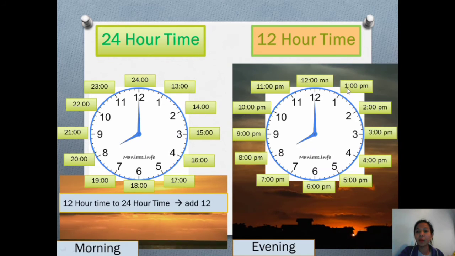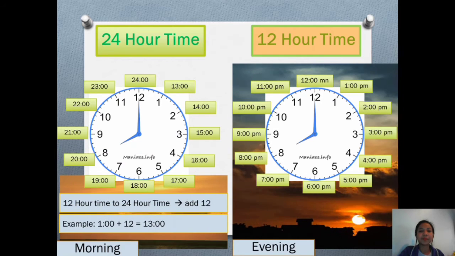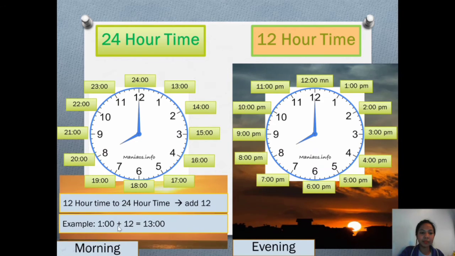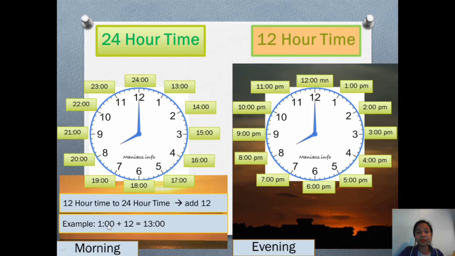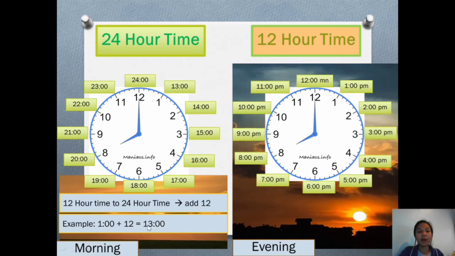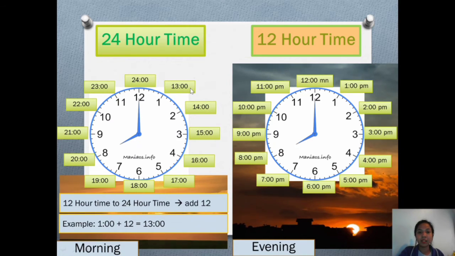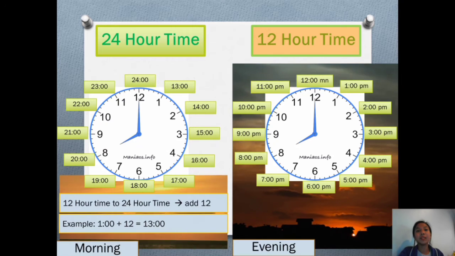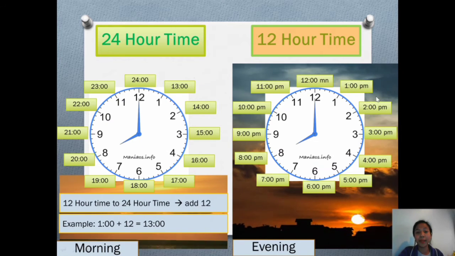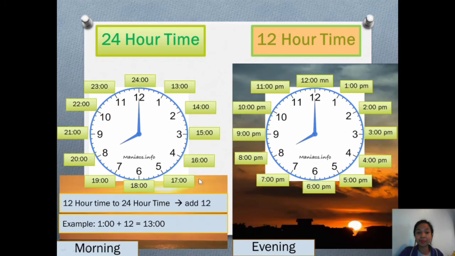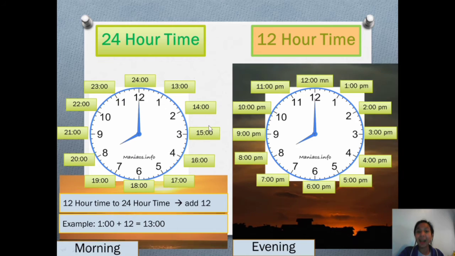So 1 plus 12 equals 13, so it's 1300 hour. It means it's 1 o'clock in the afternoon, 1 o'clock p.m. Understand? So from 12-hour time to 24-hour time, just add 12.